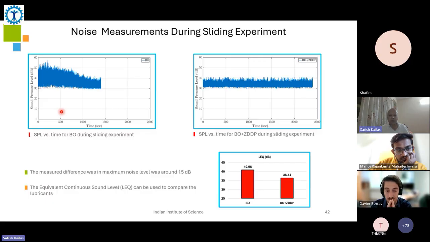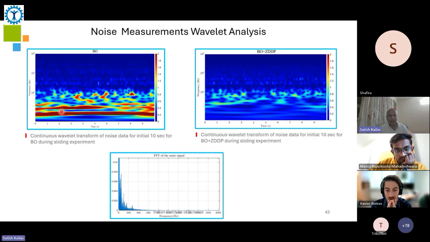The noise levels also significantly dropped from 40 dB to 36 dB. And wavelet analysis also clearly says that the frequency that is being arrested is basically in the low frequency regime. So it clearly tells you that ZDDP is a better lubricant.